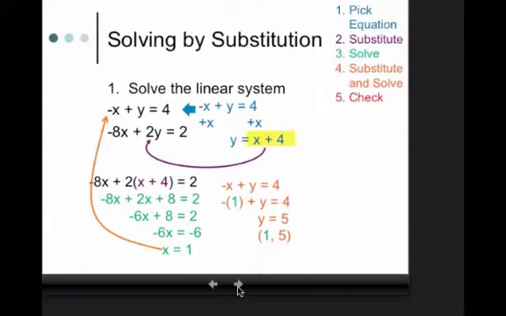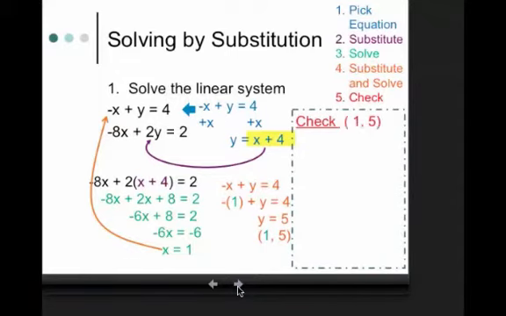My last step is always to check it. So I'm going to check 1, 5. First step, write the first equation. And I'm going to input both x and y into it. And what do you know? I get 4 equals 4. That's spectacular.